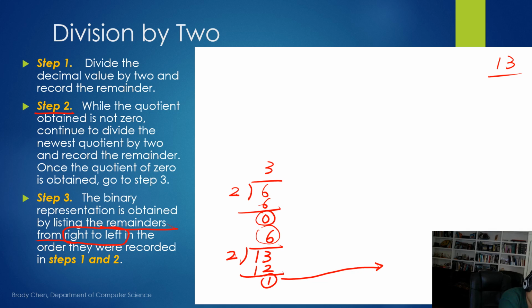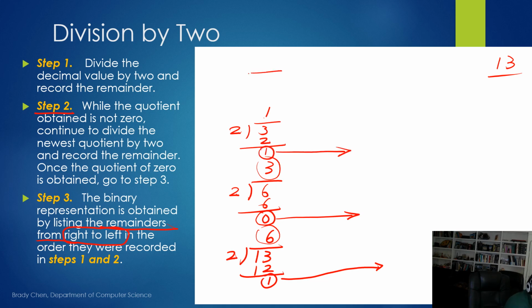So that's the second remainder. Remember, we just record the remainder. Now we got a new quotient 3. So divide 3 by 2. We got a quotient 1. 1 times 2 is 2, 3 minus 2 is 1. So record the remainder 1.